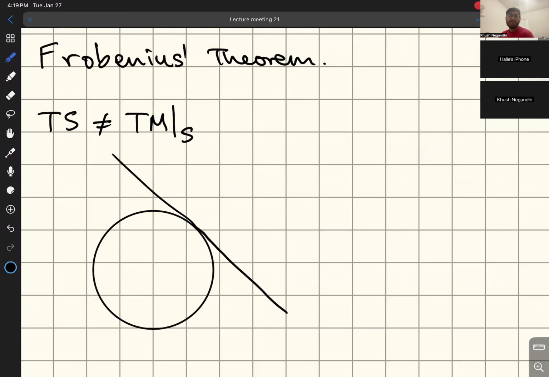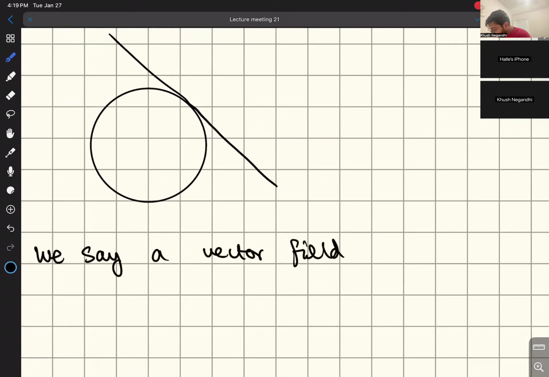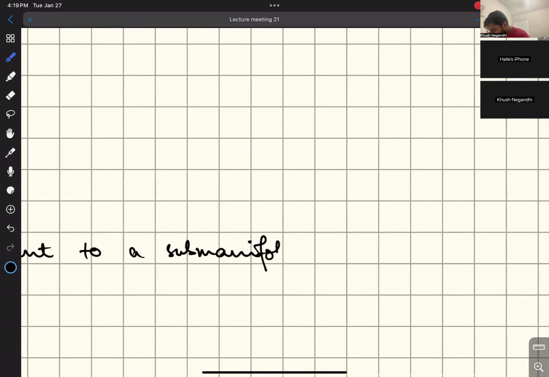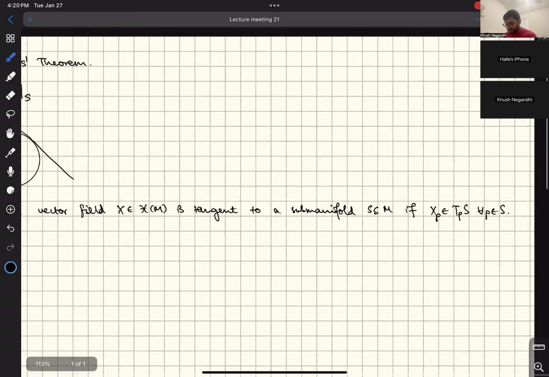So now, if we have a vector field, we say a vector field X on M is tangent to a submanifold S if X_p is in T_pS for all p in S. And I mean, this is a very obvious definition.